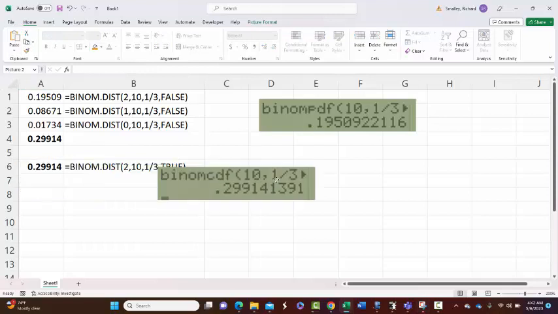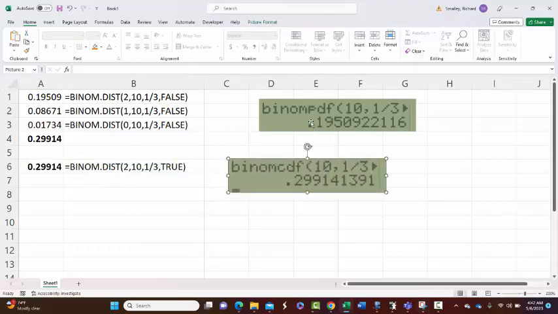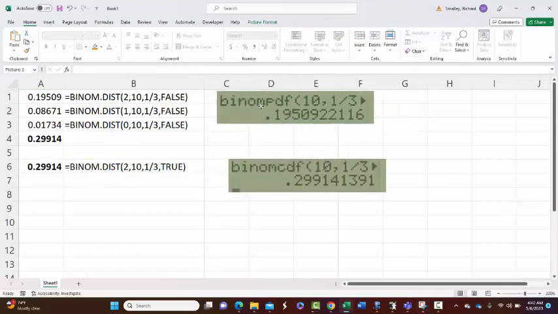So you see this binom CDF command was the same thing as the Excel putting the true in there. The true is equivalent to the CDF. Now I'm not going to go back and do this, but obviously if I would have done the calculator, you could do that and check yourself if you want to.